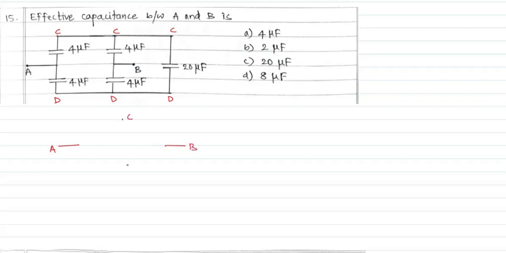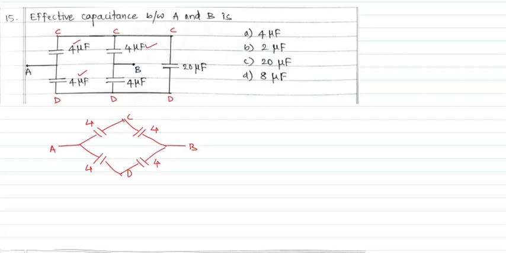So C, D. From A to C we are having one capacitor, that is 4. A to D we are having 1, that is also 4. C to B we are having 4, and from B to D we are having 1, that is 4.